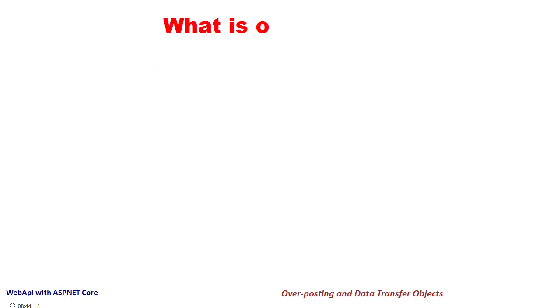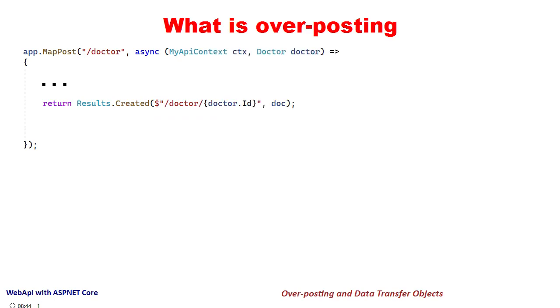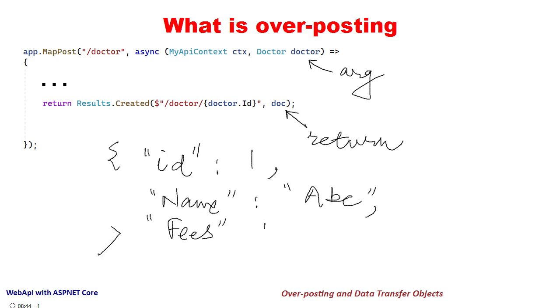Let me briefly discuss overposting. We know that model classes are exchanged as parameters and response objects. A model class is sent as a parameter of a function when you call a web API, and in the response the same model class or a collection of those objects is returned. The ASP.NET Core engine takes care of the translation of a C# type to a JSON string and vice versa.